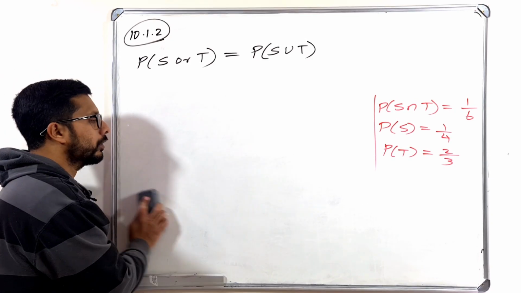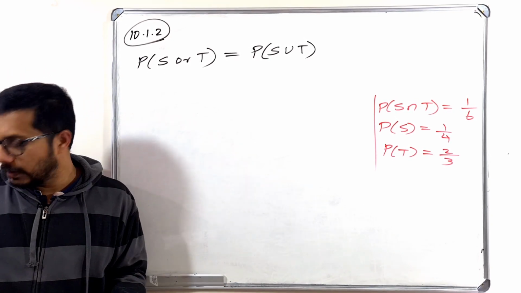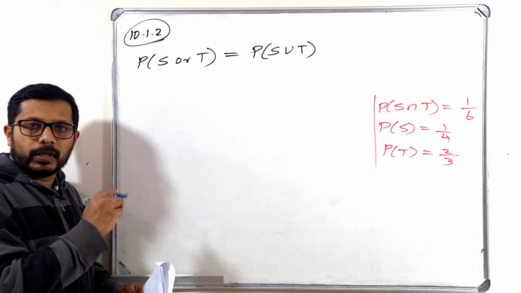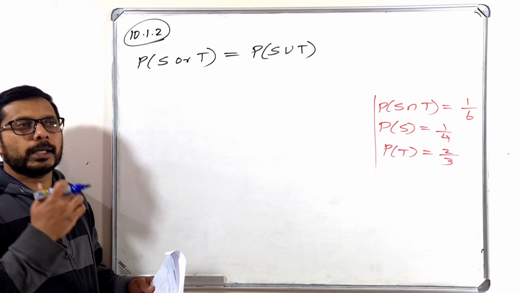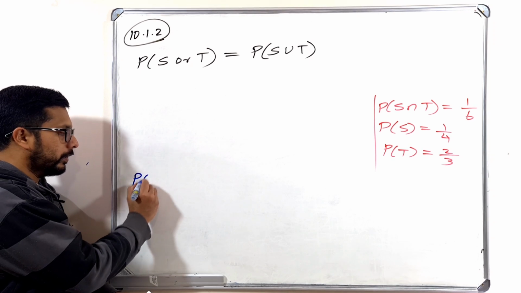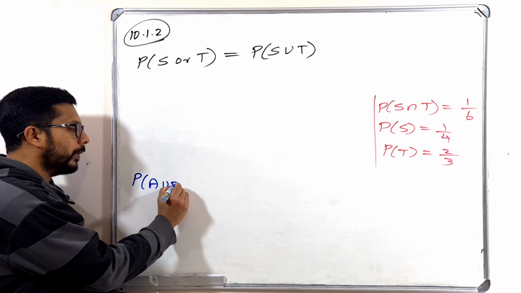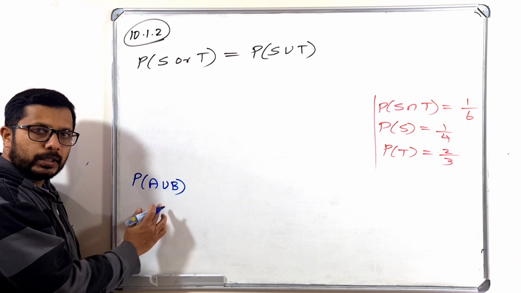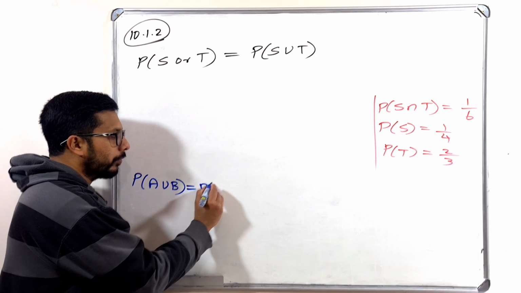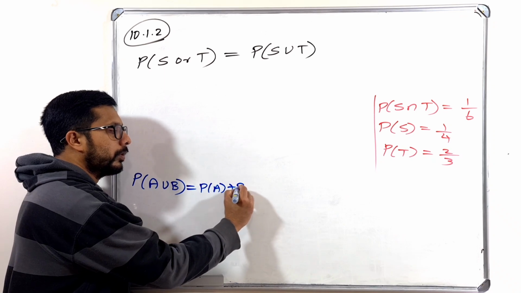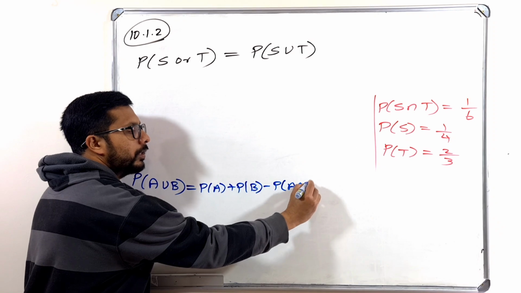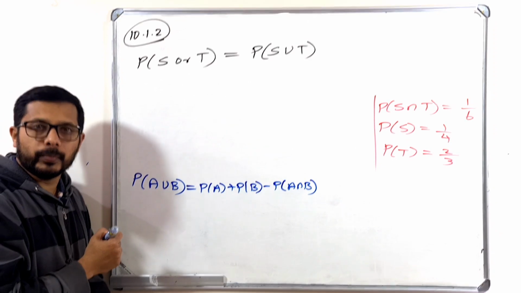Maybe in your class, or those who watched the theory part of the first lessons of this probability section, I explained that if A and B are two events, then there is an addition rule like this: the probability of A union B is the probability of A plus the probability of B minus the probability of A intersection B. This is the famous addition rule.